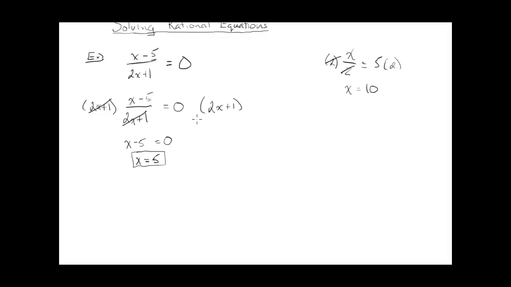So x equals 5. One thing you have to be careful about is that when I'm dividing 2x plus 1 by 2x plus 1, I need to make sure 2x plus 1 does not equal 0, because you can't divide 0 by 0. So you have to figure out the restriction, which is whenever the denominator is equal to 0.